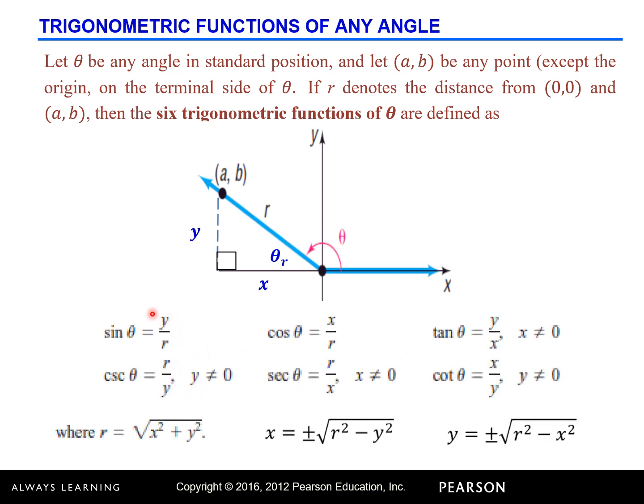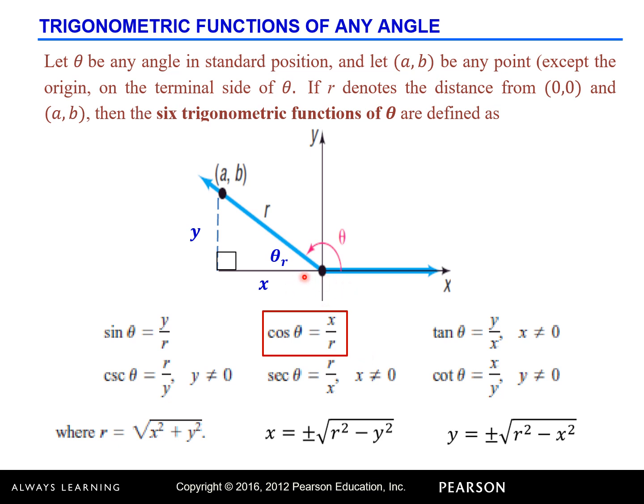Instead of opposite over hypotenuse, since the opposite of this reference angle is y and the hypotenuse is r, sine theta is y over r. For cosine theta, the adjacent of this reference angle is x and the hypotenuse is r, so cosine theta is x over r.